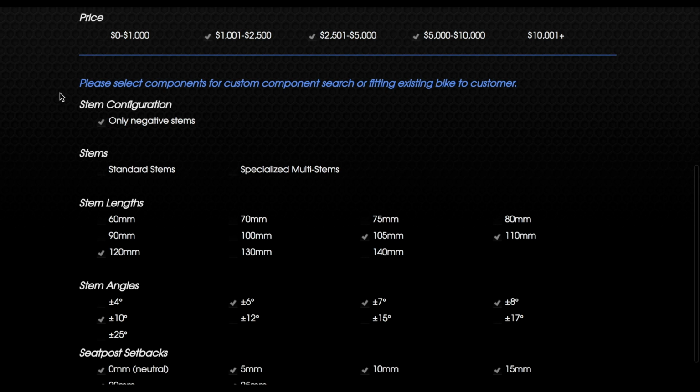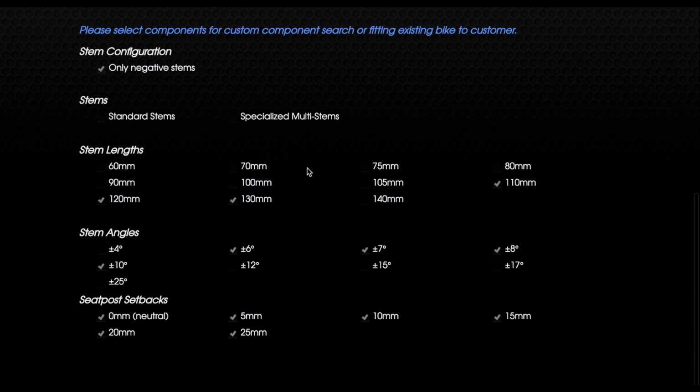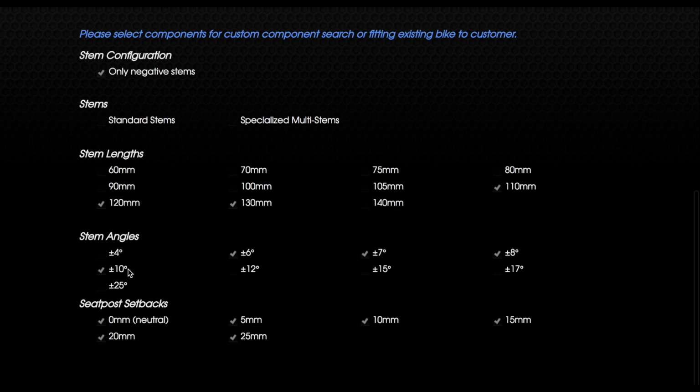You can select that you only want this client to ride a negative angled stem, and then you can also narrow in on the types of stems that you want them to ride and the angles that you want to make available. If, for instance, you know that this bike ships with a 20mm setback seat post, you could unselect all of the others, and it will put the fit on the bike with only the 20mm setback seat post.